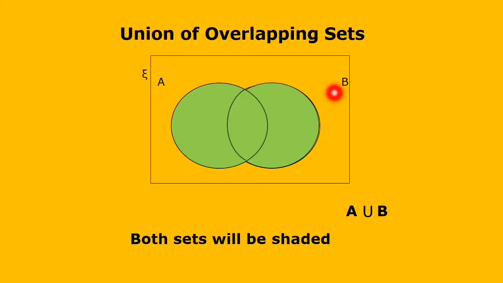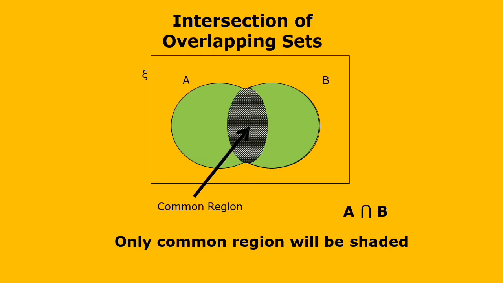And here students, you can see that union of overlapping sets means that both sets will be shaded. Union means to unite, we have to combine all the elements, and we write all the elements that are present in set A and set B in a single set, and that single set is known as the union of sets A and B. And when we are using Venn diagrams for representation of union of sets, then all of the area of A and B will be shaded.